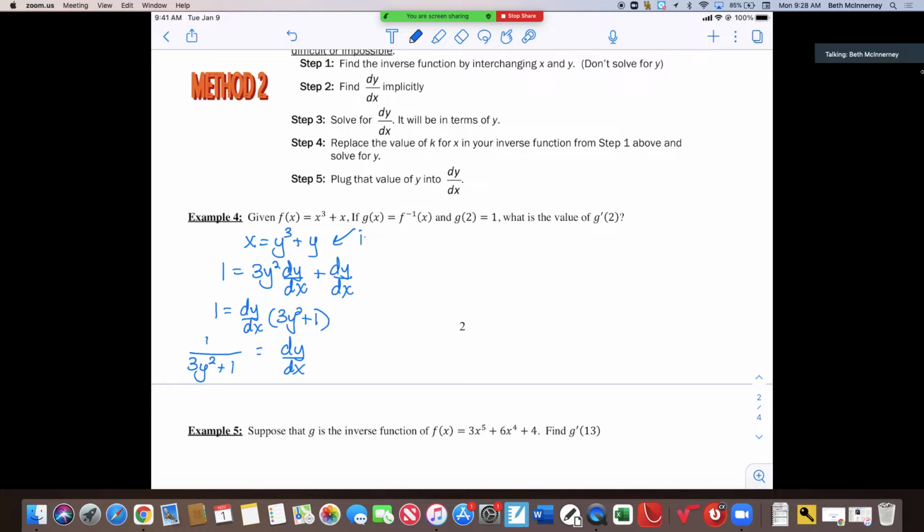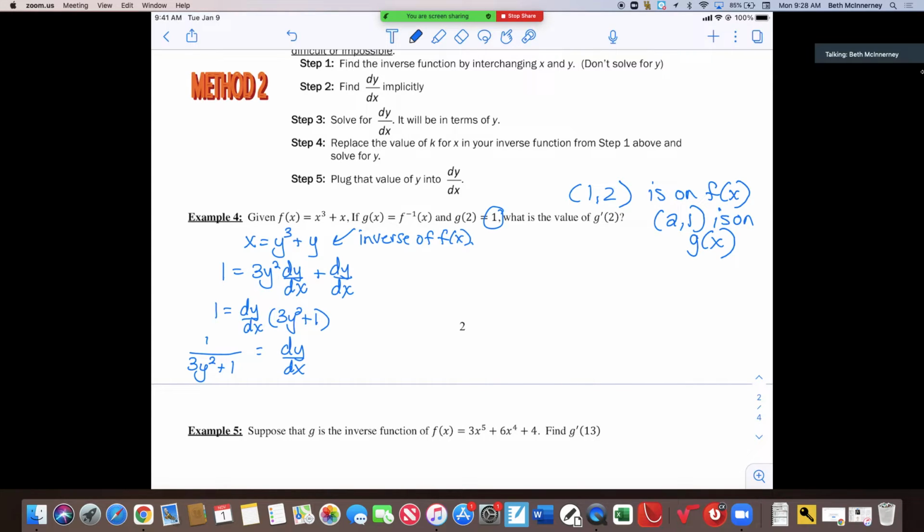Now, this x equals y cubed plus y is the inverse of f of x. So now I have the y coordinate in here. That is, in fact, the y coordinate in g of 2 equals 1, because 1 comma 2 is on f of x, and 2 comma 1 is on g of x.